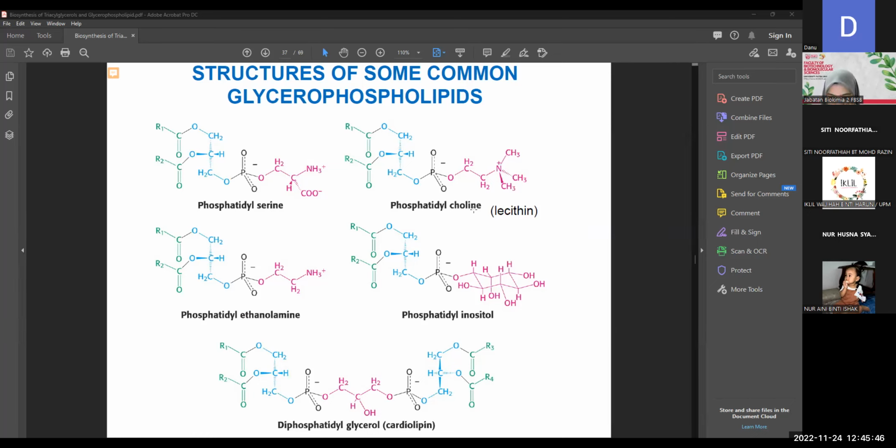Yang mana satu structure apa yang nama dia? Kalau you tengok diphosphatidylglycerol or cardiolipin, it has this structure difference. Dia ada dua main structure, on left hand side, left and right.